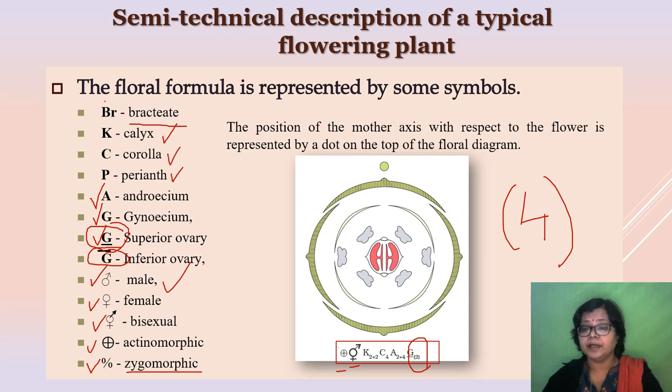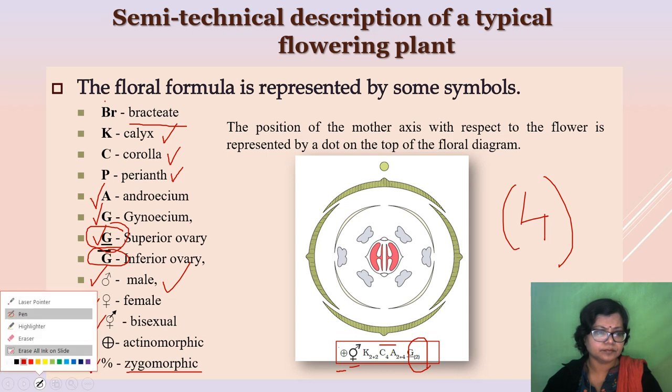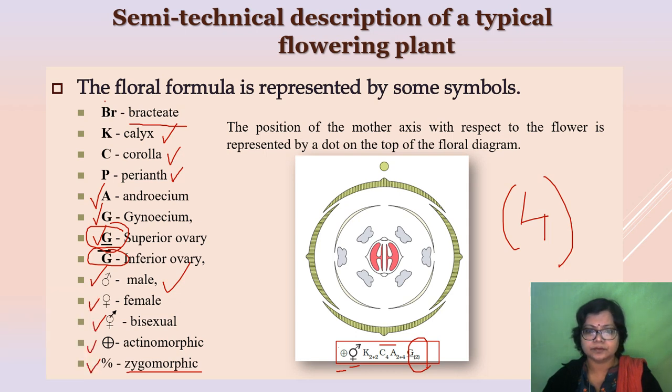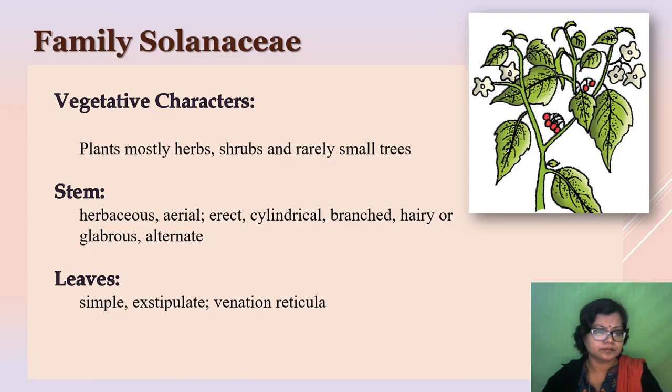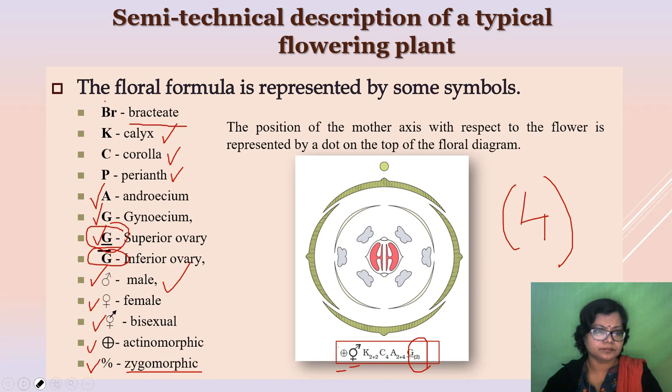So how can it be represented in the floral formula? Simply by drawing a line on top of A and C. Instead of a line, we can use a bracket also.